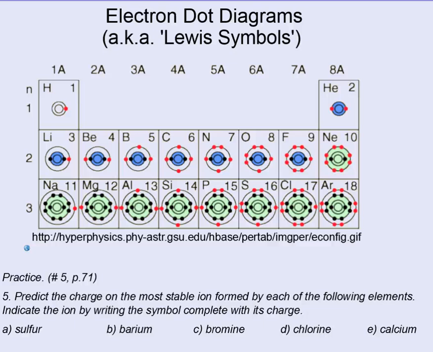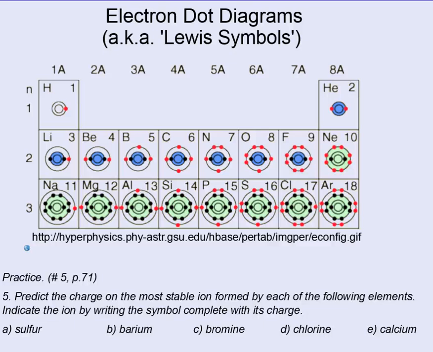The Bohr diagram and the Bohr-Rutherford diagrams are part of the curriculum in grade 10, and the Lewis symbol becomes more important and more useful when we want to represent chemical reactions in this course, because really the only electrons that are of interest to us for reactions are the valence electrons.